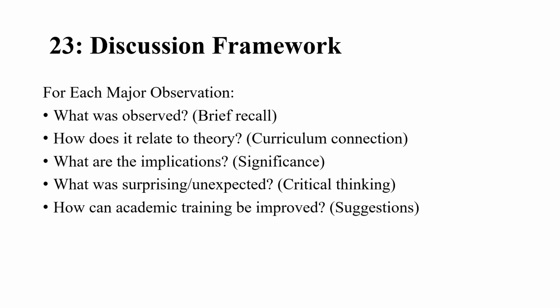This will show what kind of critical thinking you are using at this point of time. And how can this academic training be improved? This would be your recommendation or suggestion, which maybe in future will be applied, so that it becomes more of an enriching experience for other students who are admitted to these programs.